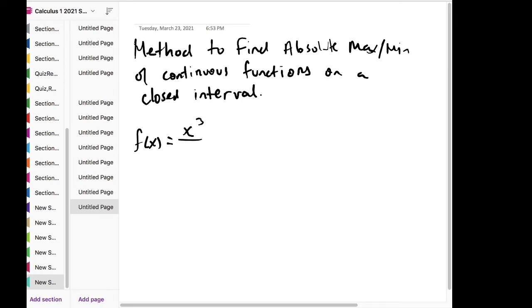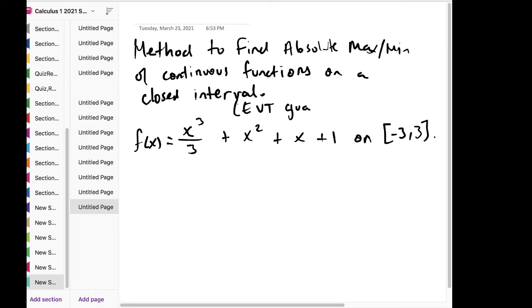Why must that be true? Extreme value theorem. So if you ever have a continuous function on a closed interval, there must be an absolute max or min.